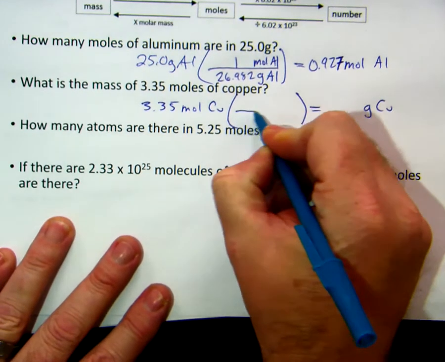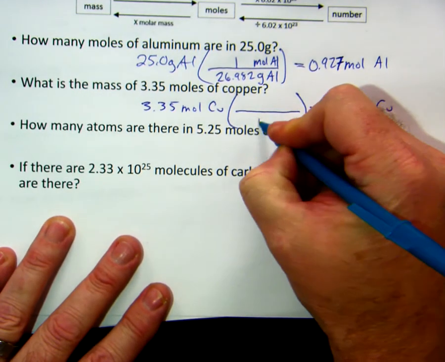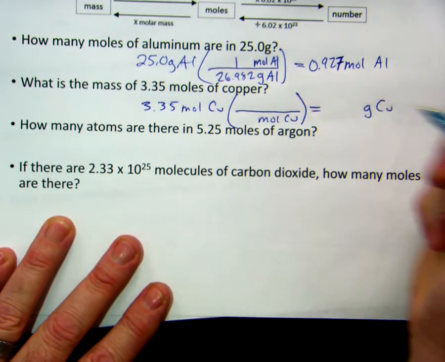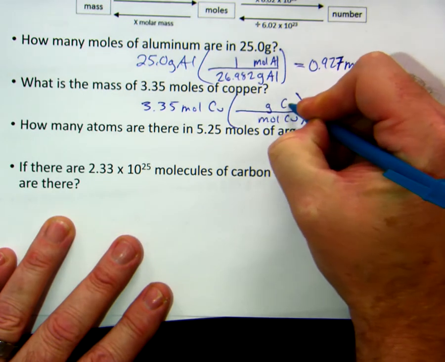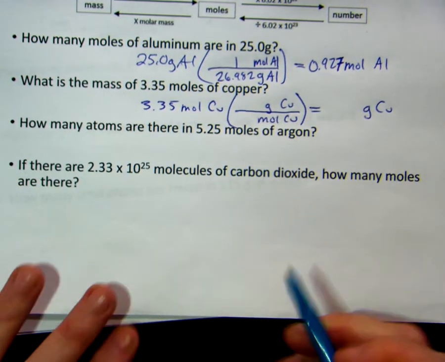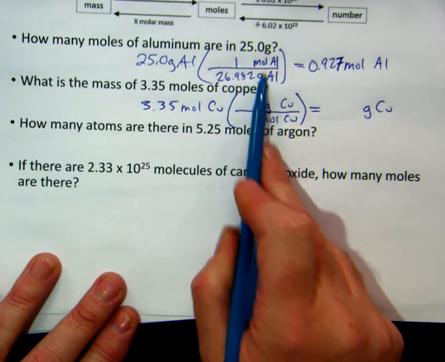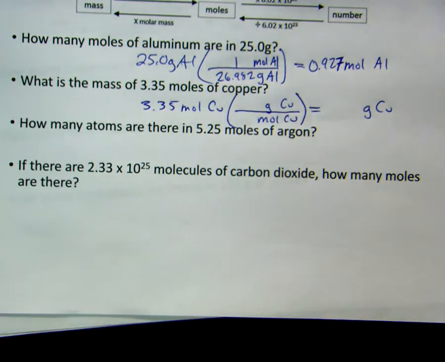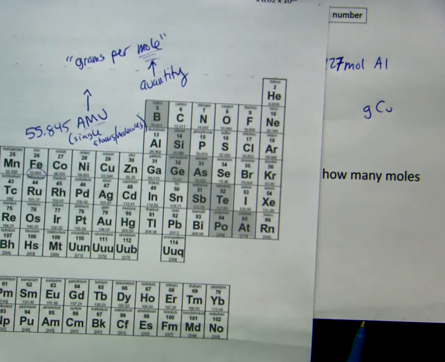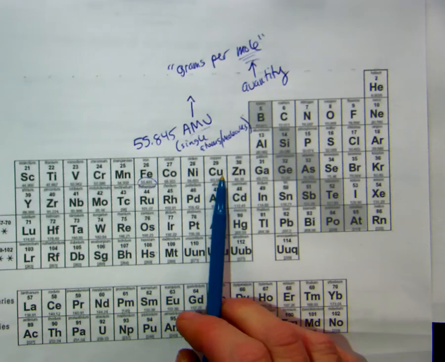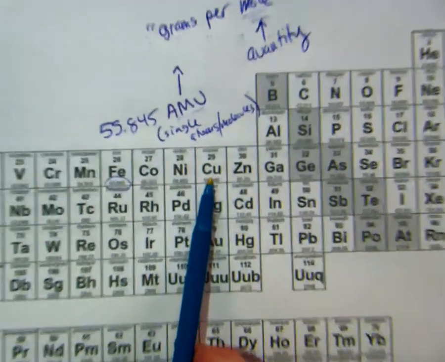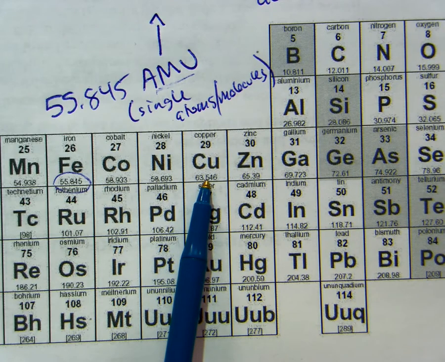So what I need here is to have moles of copper on the bottom and grams of copper on the top. Anytime you see grams and moles, whether it's moles over grams or grams over moles, that is the relationship from the periodic table. So we find copper, which is right here, and you see that it's 63.546 grams per 1 mole.